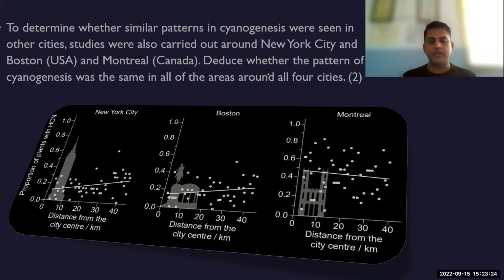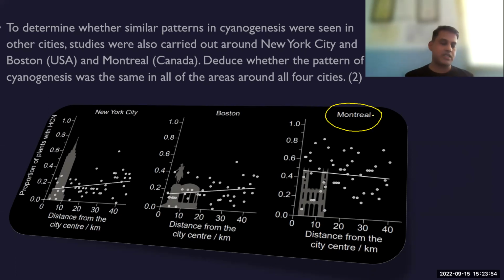The previous one, we have seen, has positive correlation. New York, positive correlation. Boston, positive correlation. But Montreal has negative correlation because it's reducing. So that's different. All three cities have a positive correlation, but Montreal has a negative correlation.